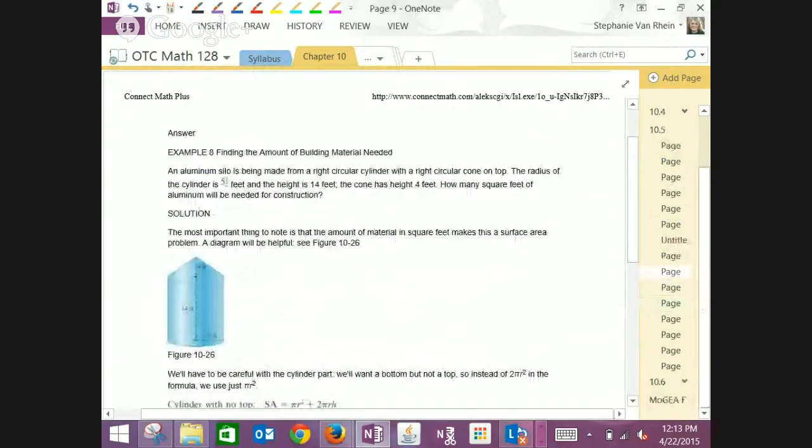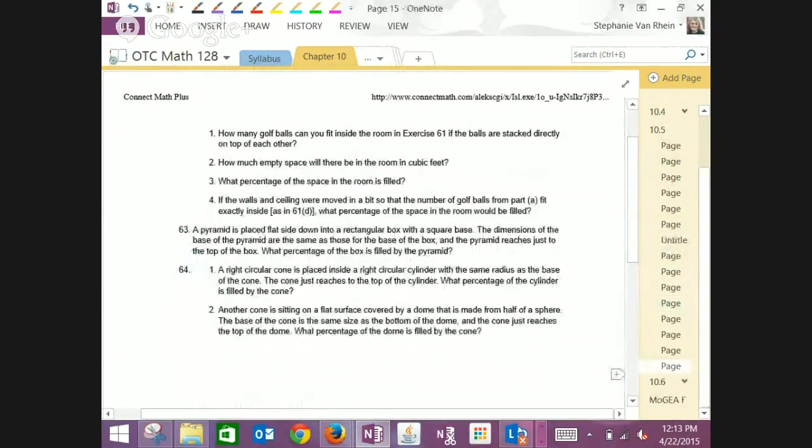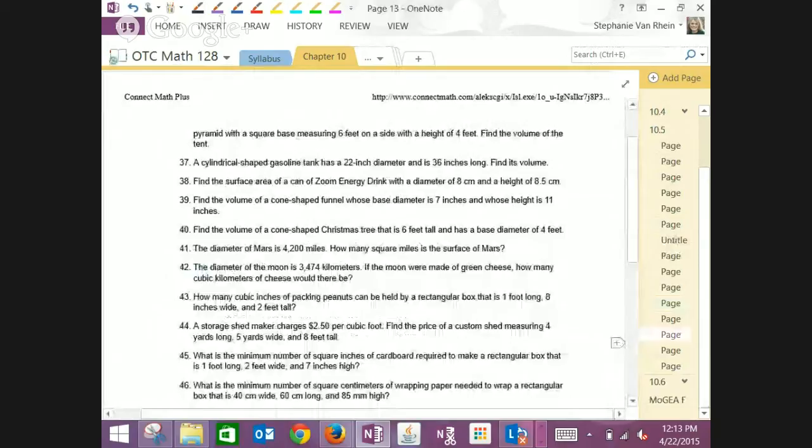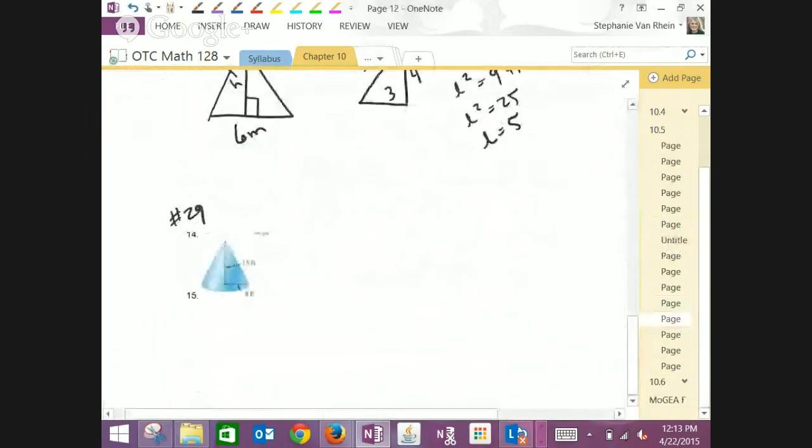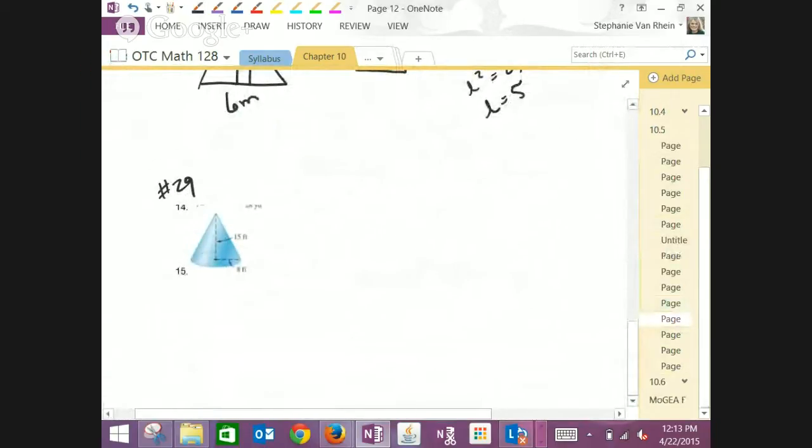Is it a right cylinder? It's not a right cylinder. It's a cone. 1/3 pi r squared. That's volume, I think. No, that wouldn't be pi r squared surface area. It is volume. Yeah.